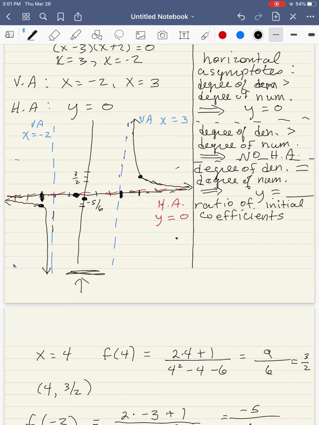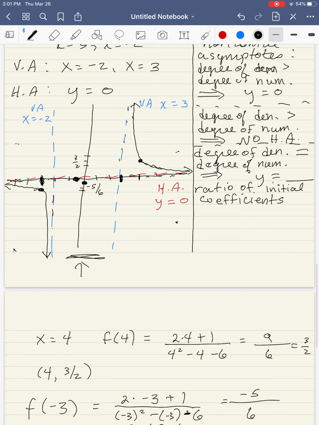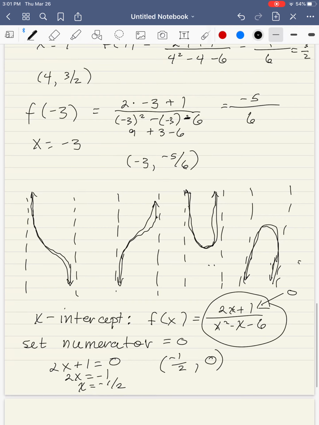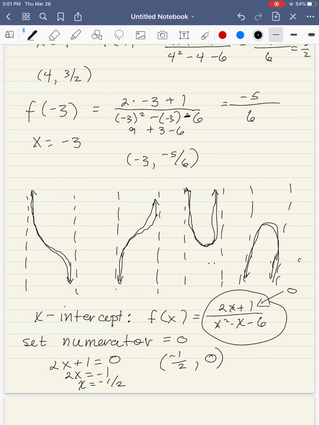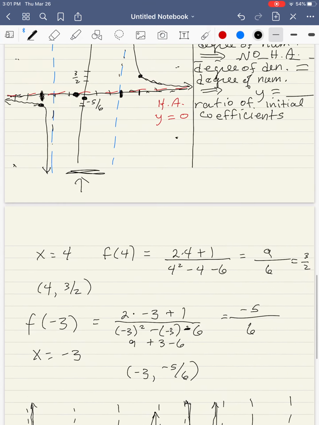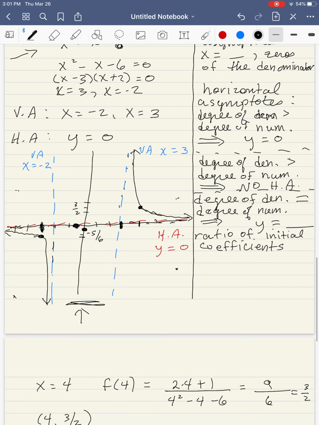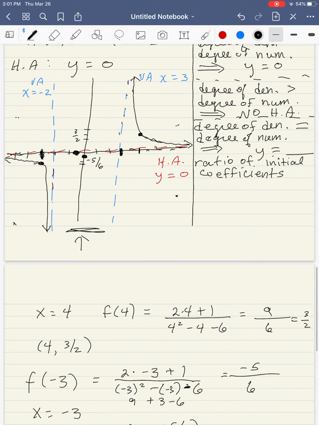All right, now that is not really going to be enough information for me to see which of the 4 shapes that I have. So at this point, I need to find some more ordered pairs, just some extra points. And I see here on the graph that I could do something to the left of the y-axis, say -1, and to the right of the y-axis, say +2, to be in the correct interval here.